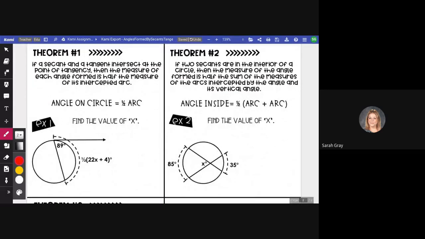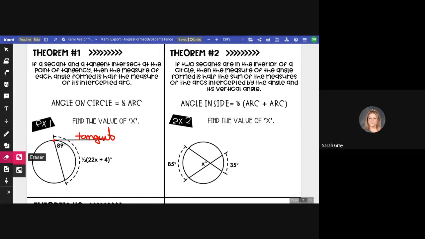Okay, so theorem 1 says if a secant and a tangent intersect at the point of tangency. So here we have our tangent. The point of tangency is that little spot where it hits the circle. It actually continues on the other way, but that's not important. And this line here would be the secant.